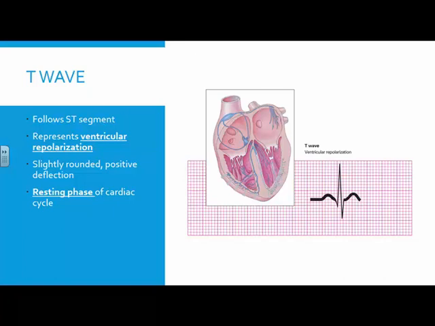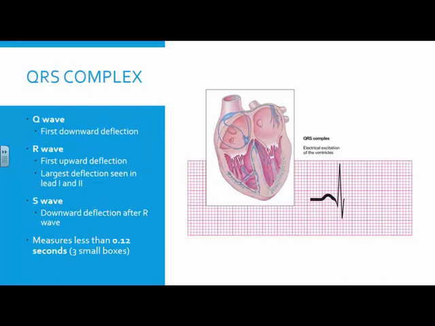So what was that line that we base everything negative and positive off of? Isoelectric line. Alright? So you got your P, you got your PRI, you got your QRS, then you got your ST segment to your T wave. Just alphabet. So your Q wave is your first downward deflection.